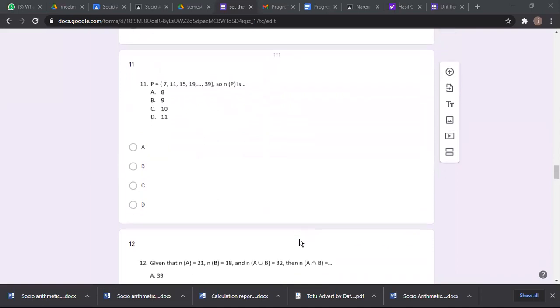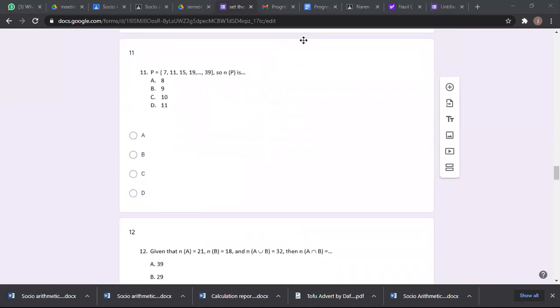Next, we move to number 11. We now have the set P from 7, 11, 15, 19, and then a blank spot until 39. If they're asking about n(P), it means how many elements are in set P. If there is an empty spot here, you have to decide what numbers go in it.